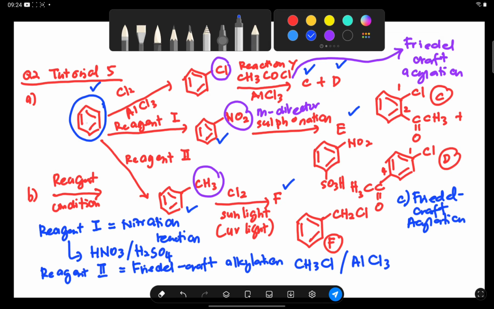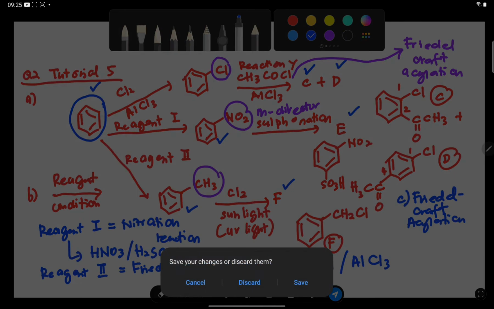When the question states stepwise mechanism, you need to show the electron flow. What is the meaning of electron flow? It means that in your reaction, you need to show how many electrons are involved, the electron flow, the arrows, the resonance involved. Okay. I will show you.